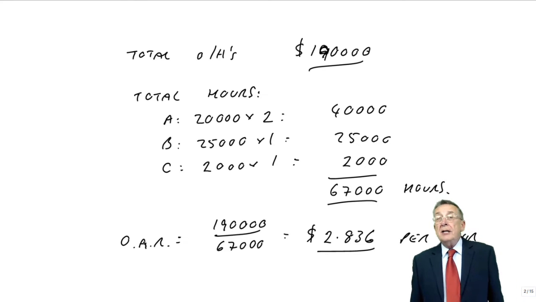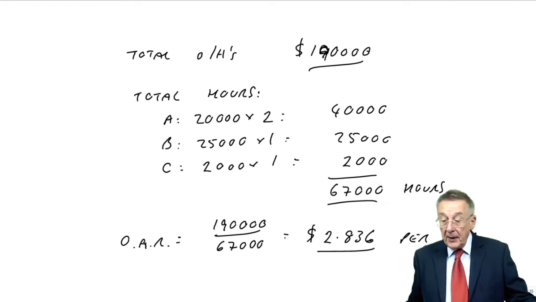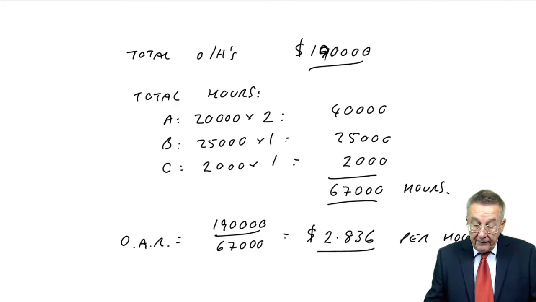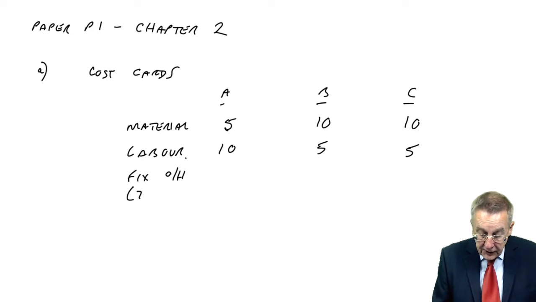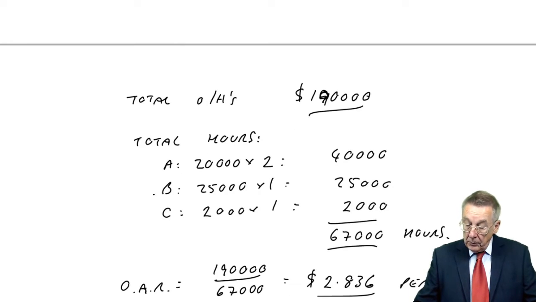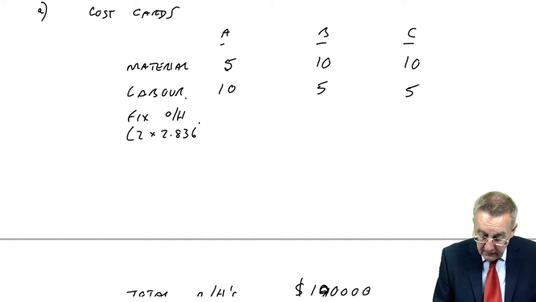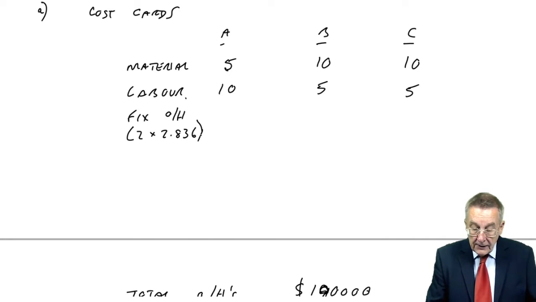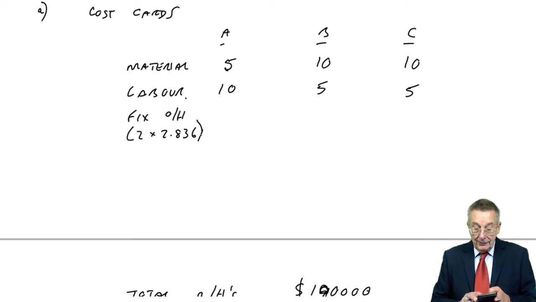Now we can go back and finish the cost cards, charging the overheads at $2.836 per hour. So for product A, it's 2 hours at 2.836. So for product A, 2 times 2.836.